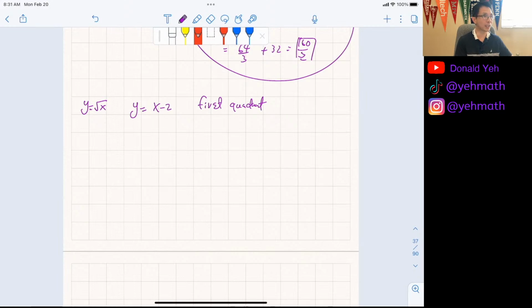I already told you the answer is 10 over 3. So hopefully you can get 10 over 3 out of this in terms of the y perspective.